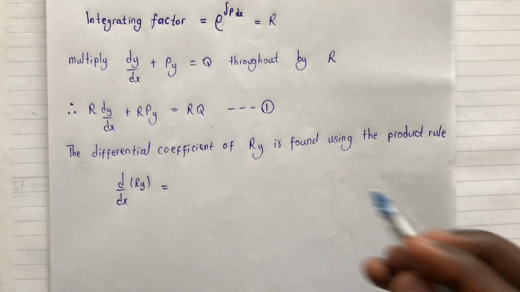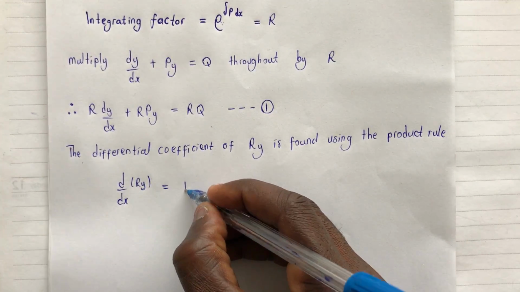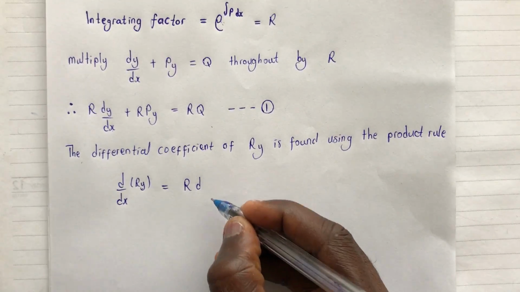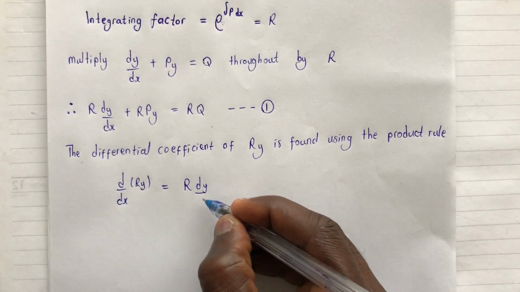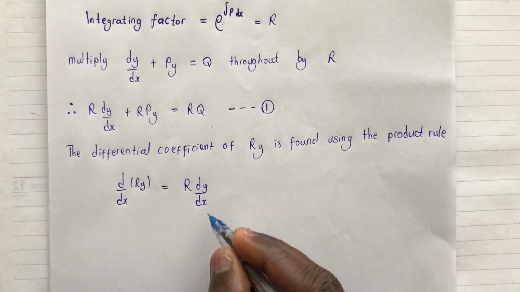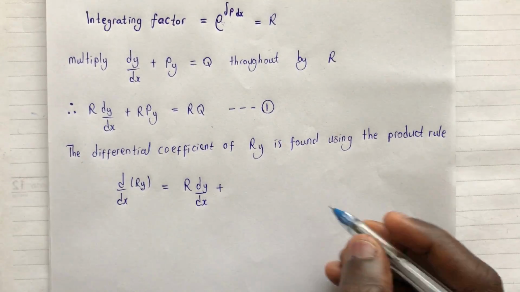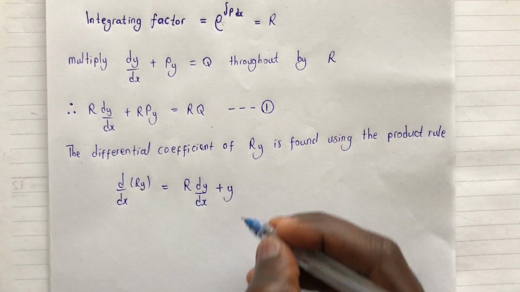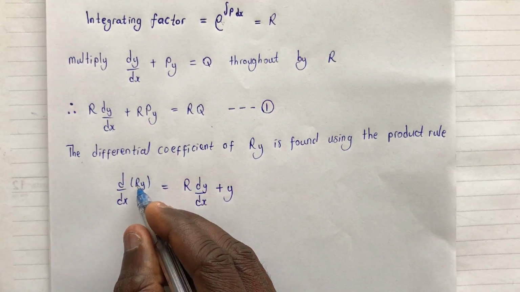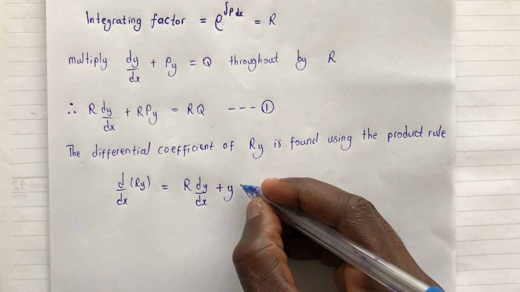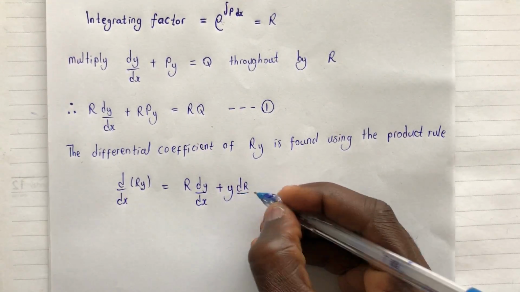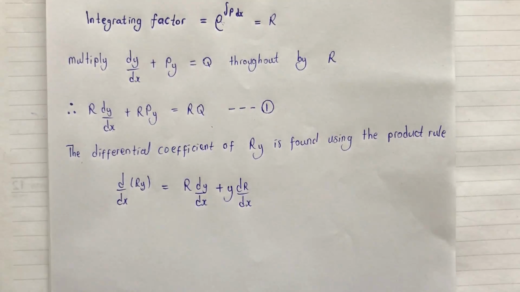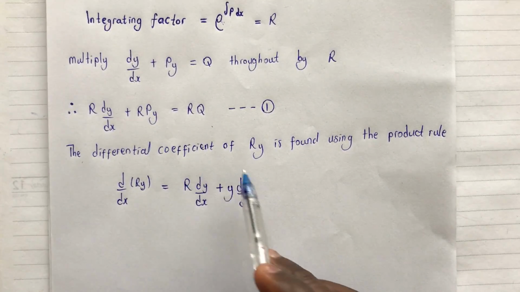So now we have, let's hold R, differentiate the second variable, which is the derivative of y, the same as dy/dx, plus hold the second variable, which is y, differentiate the first variable, which is R, so dR/dx. Now from the product rule, this is what we are getting.